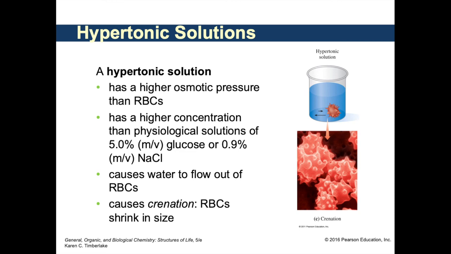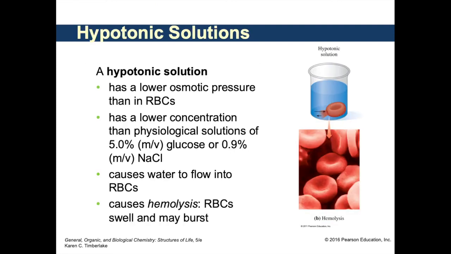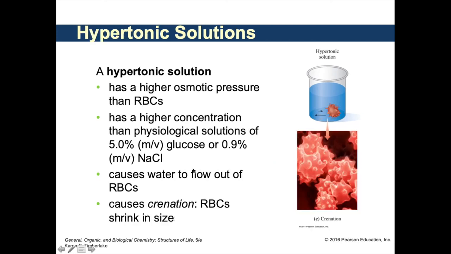So let's try some practice problems that go over that. Okay, so first of all, remember if you're looking at a glucose or a sodium chloride solution, if you have 5% glucose, actually, if I go back just to show you that we have a 5% glucose solution, mass per volume, or 0.9 mass per volume of sodium chloride, those are what we need for an isotonic solution.